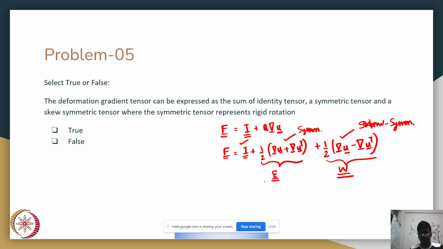The symmetric tensor represents strain, whereas the skew symmetric tensor represents rigid rotation. So this statement is false. Okay.